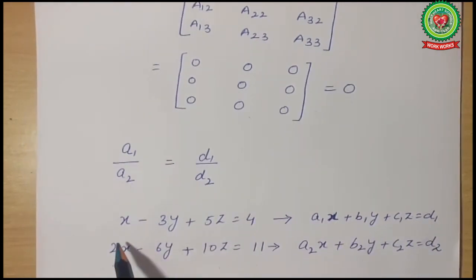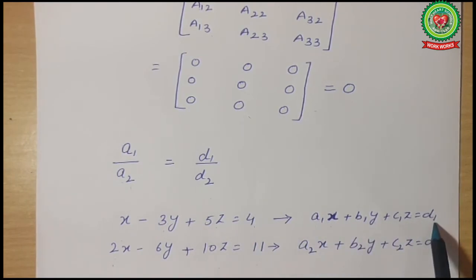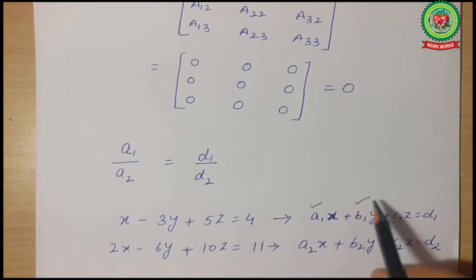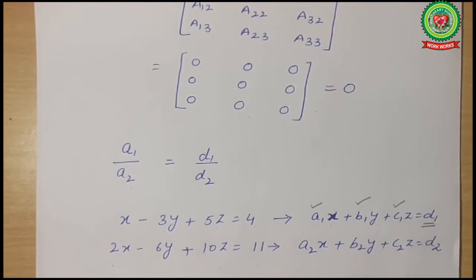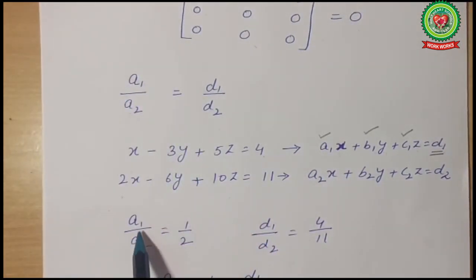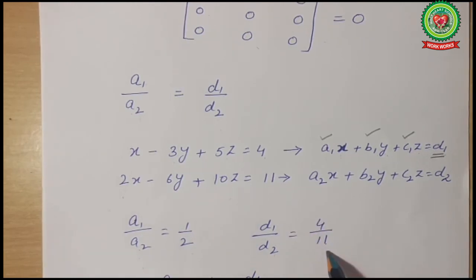Now, according to the equation x minus 3y plus 5z is equal to 4, A1 x, B1 y, C1 z is equal to D1. The x coefficient is A1, the y coefficient is B1, the z coefficient is C1 and the constant is denoted by D. Now, the value of A1 upon A2 is 1 upon 2, D1 upon D2 is 4 upon 11.